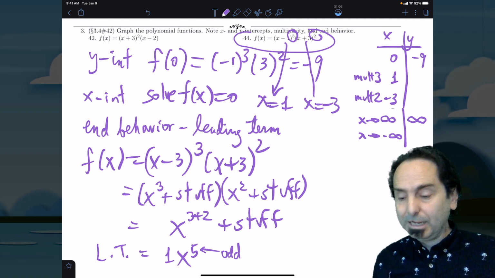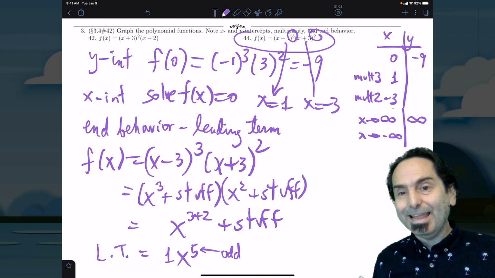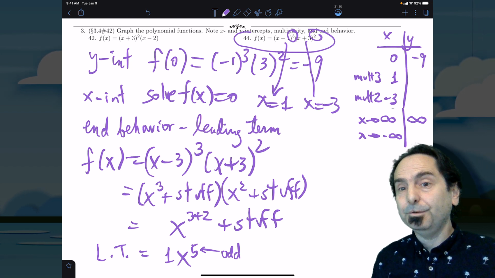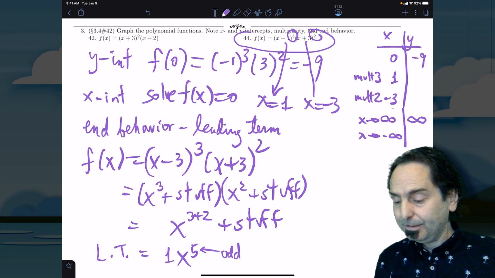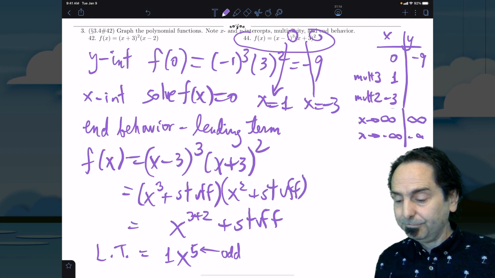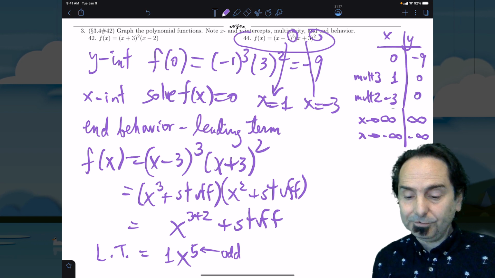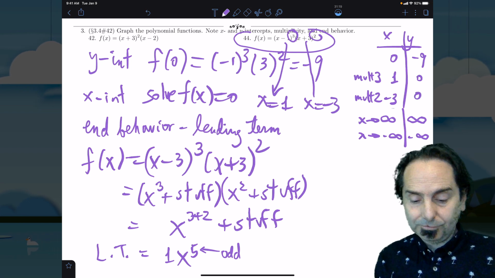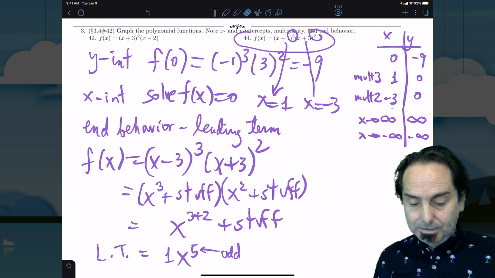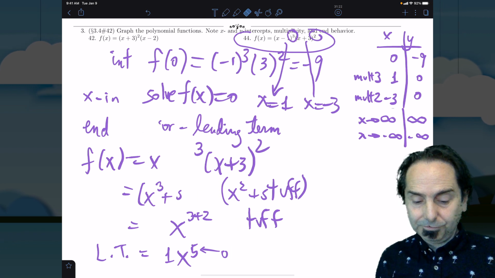But as x goes to negative infinity, a negative big number to an odd power is negative, so it's going to go off to negative infinity. So that's enough information to give a nice sketch of this. Let's erase and sketch out what this function looks like.